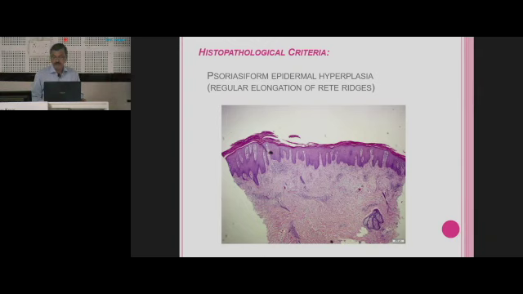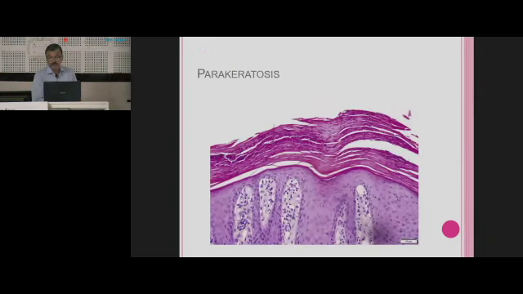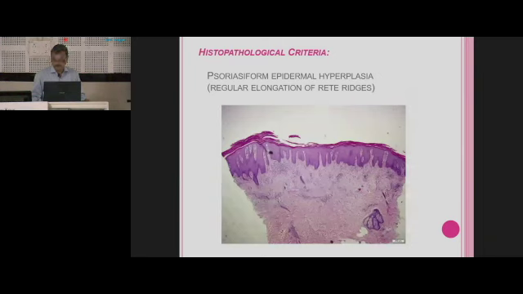The second thing to be noted in the epidermis is the pallor of the keratinocytes. The presence of neutrophils in between the keratinocytes with early spongiosis indicates psoriasis.